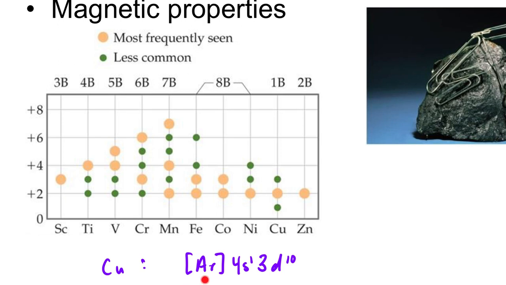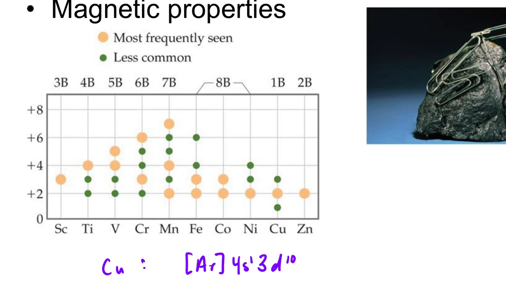If you take a look at the copper configuration, you can see that if we lose one electron first, we're losing this s electron. And so you can imagine that having a 3d10 completely filled subshell would be pretty stable. And we do see a +1 oxidation state that would correspond with that.